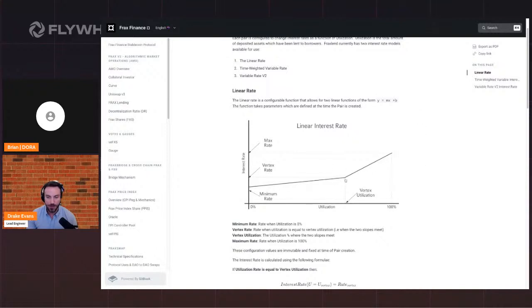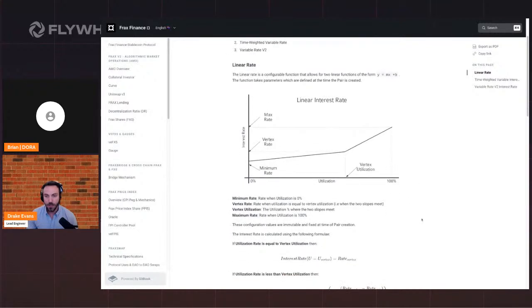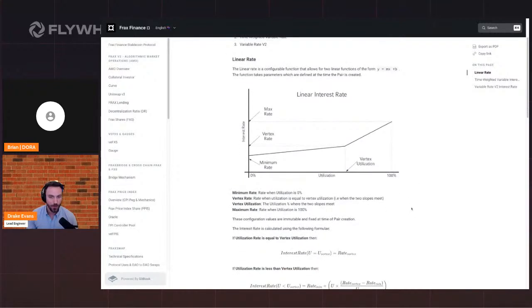They call this the kink sometimes; I refer to it as the vertex. The idea is that as the utilization of the pair increases, the interest rate aligns on this scale. Of course, when things get too high, the interest rate can rapidly increase. And we incorporated this into the V1 of FraxLend.